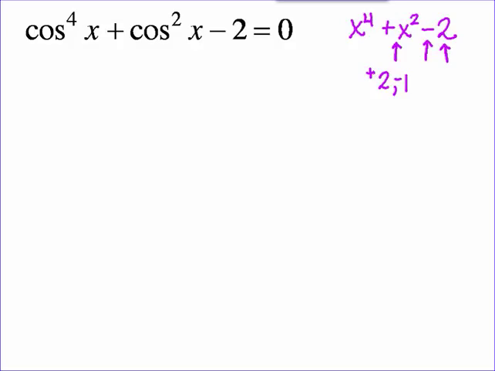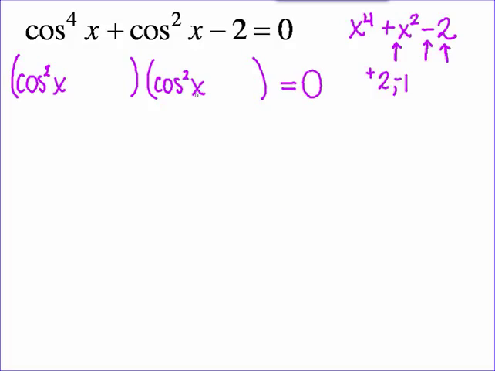And so I've got 2 quantities. The first term in each of those quantities, can somebody guess what that's going to be? Cosine squared, yep. So cosine squared x is going to be the first term in each of those quantities. What's going to be the next term?